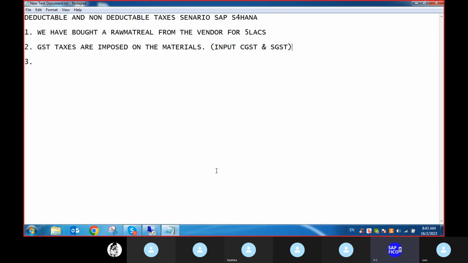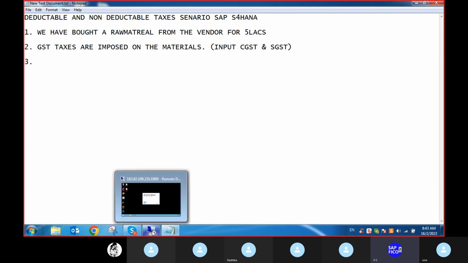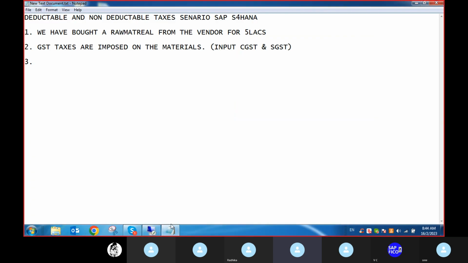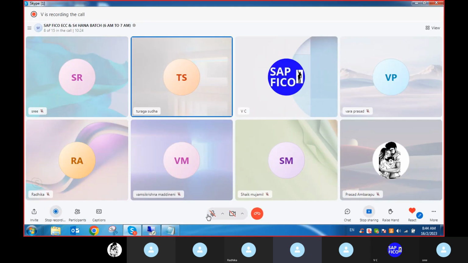Can anyone tell the entry? Raw material account debit, the input tax debit, and to vendor.